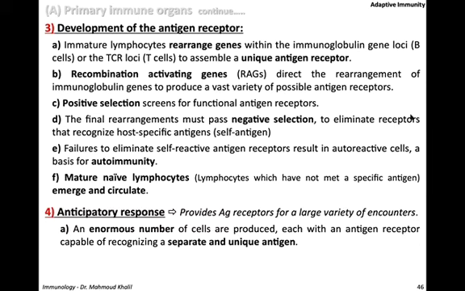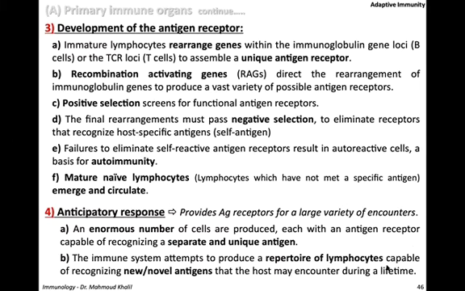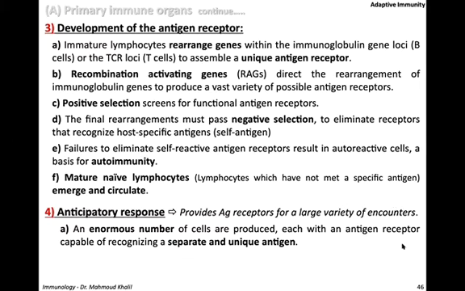They emerge and circulate. What is the antigen receptor response? Actually, this response provides antigen receptors for a large variety of encounters. So our immune system can generate a huge number of cells, each with a specific antigen receptor that can recognize a separate and unique antigen.